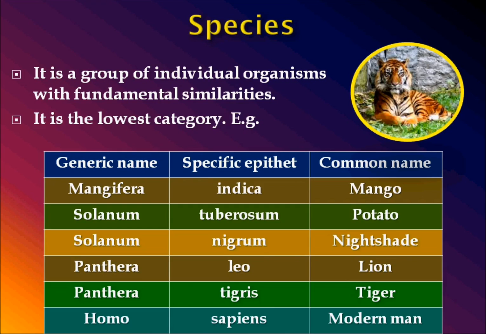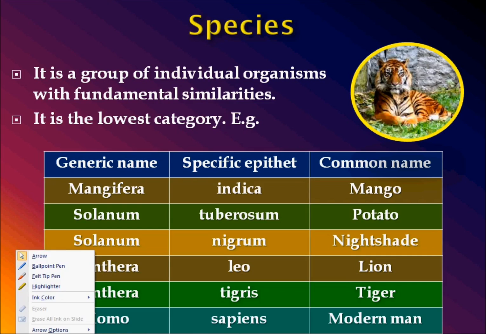Now let us understand the concept of species. Species is a very important term. How do we know that a particular organism is forming a species? Let us understand what exactly is the meaning of species. This concept of species was given by a person named Ernest Mayr.